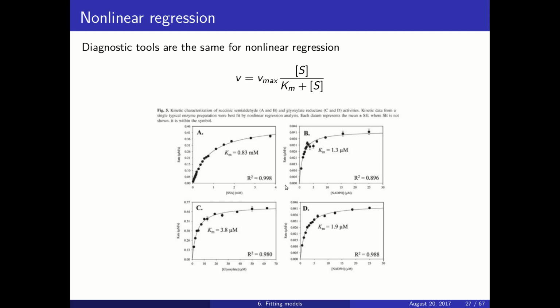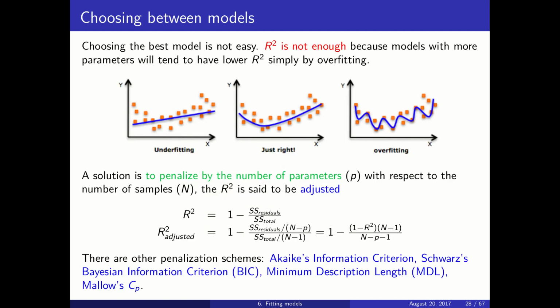So y would be v, and then x would be the concentration of a substrate or whatever. And we have these funny shapes given by this function, but still the regression tools that we have seen, the analysis of residuals, the assumptions on the residuals, the r squared, and everything remains the same.